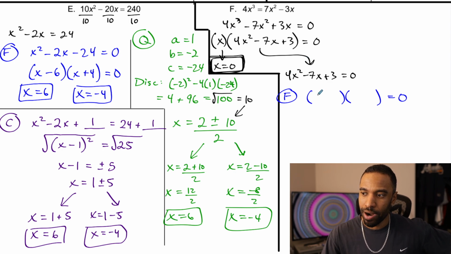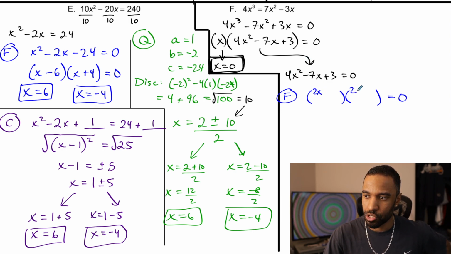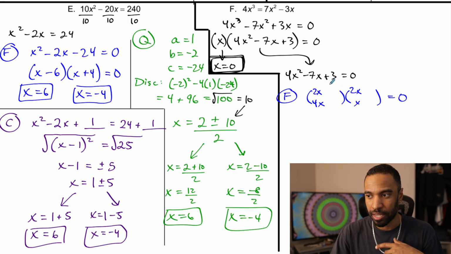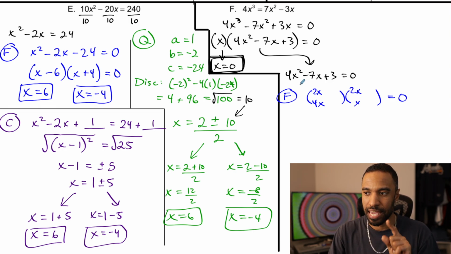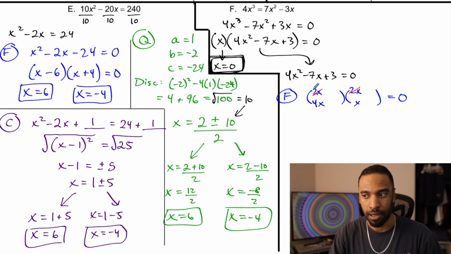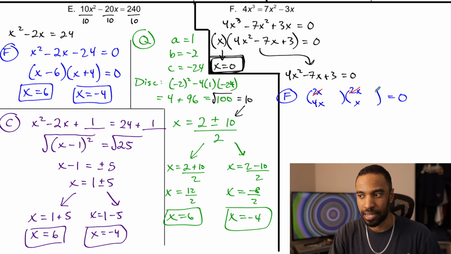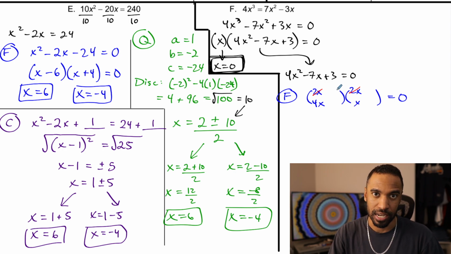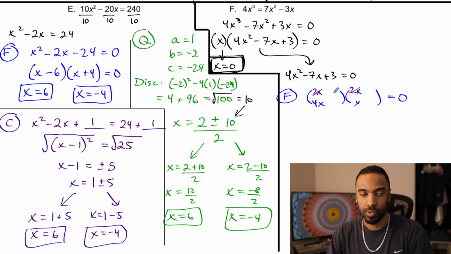Now, 4x squared can either be 2x times 2x or it can be 4x times 1x. And I'll tell you what right now, I know I've said this to my kiddos before, I know it can't be 2x times 2x because when I do the FOIL and multiply outside, 2 would have to multiply by an integer to get an even number because 2 is even. 2 times something is even.